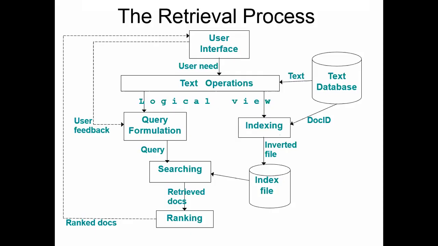Basically, the indexing can be done offline, but the searching should always be online. When we are indexing, there is no need of users' involvement, but the searching is happening when the users start interacting with the information retrieval system or with the search engine.